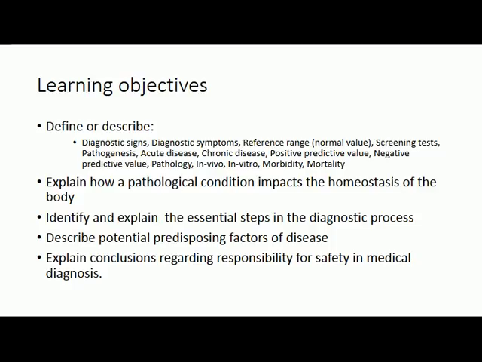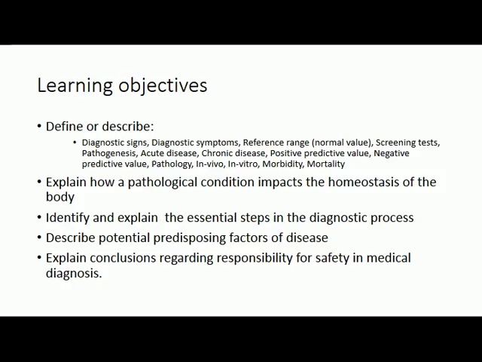Learning objectives for this module include defining or describing diagnostic signs, symptoms, reference ranges, which we sometimes call normal values, screening tests, pathogenesis, acute disease, chronic disease, positive and negative predictive values, pathology, in vivo, in vitro, morbidity, mortality, sensitivity, and specificity.